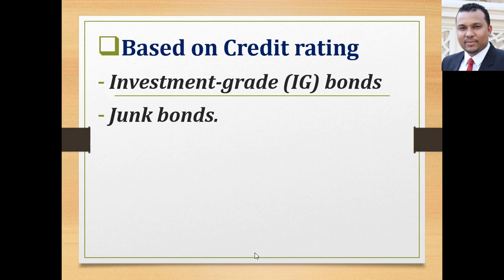The last one, junk bonds. In the case of junk bonds, we talk about lower credit rating, by Standard and Poor's, Fitch and Moody's. So, junk bonds provide investors with high rates of return, because of high risk.